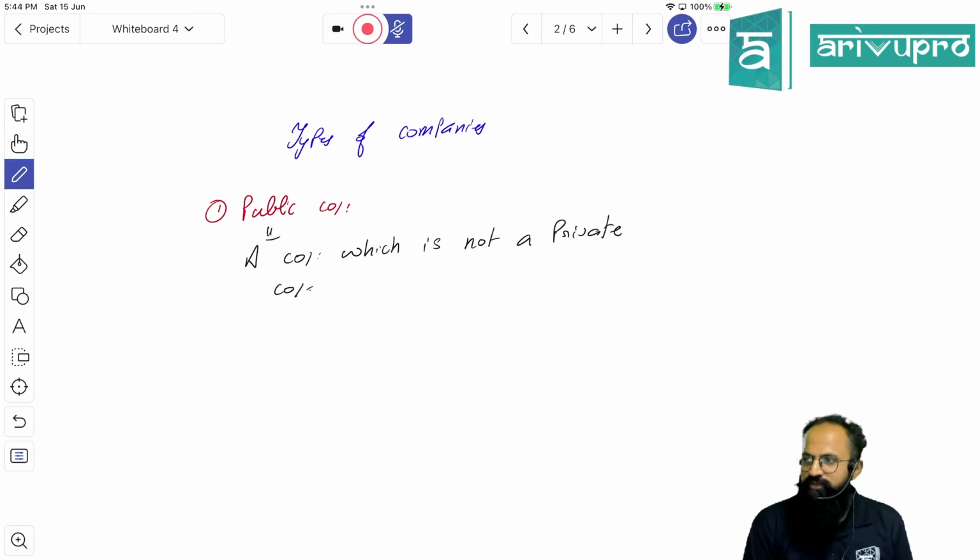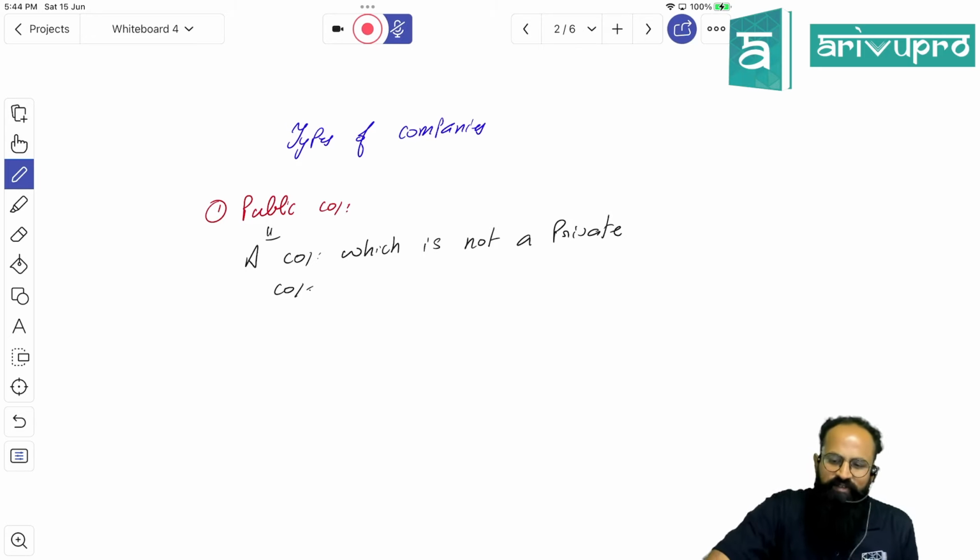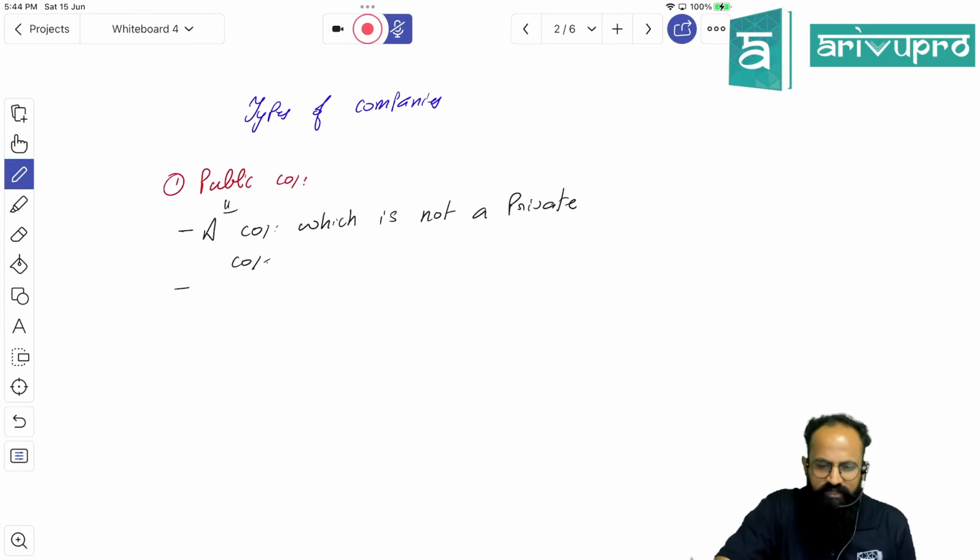Now the definition is so simple. What do you mean by a private company? It is not a public company. Here there is one point where they may ask you a question, write down.